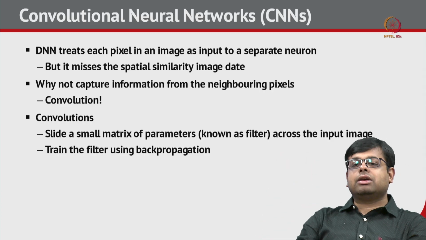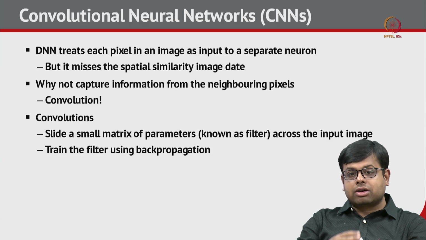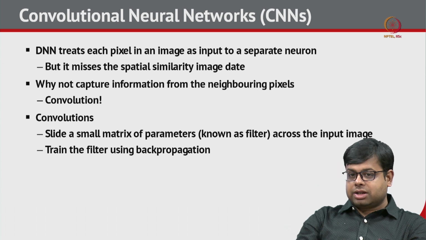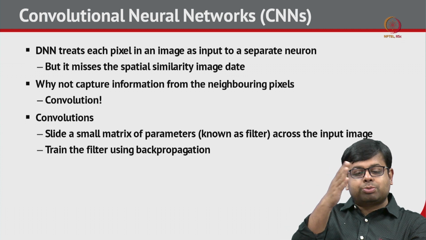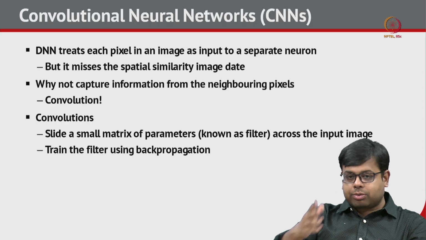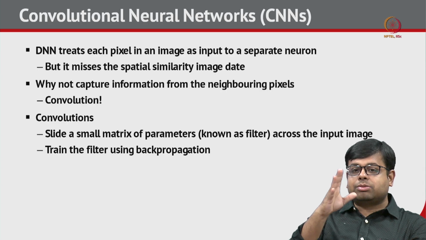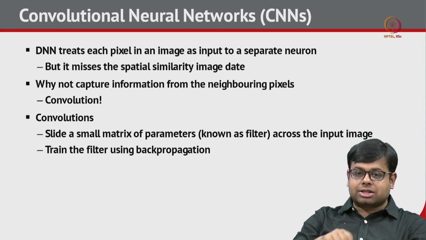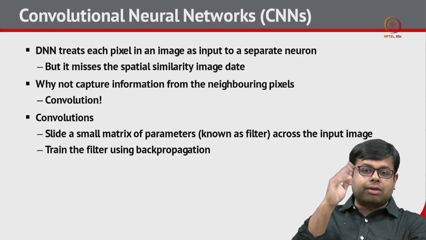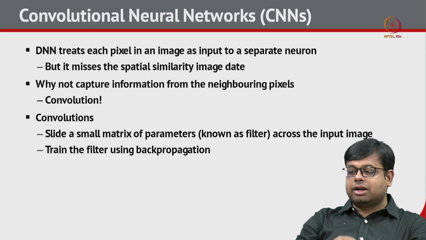But as a human being, whenever we have to recognize some image, we do not see those pixels individually. We try to capture the spatial similarity present in the image pixels, because neighboring image pixels are similar and eventually they form the entire image.